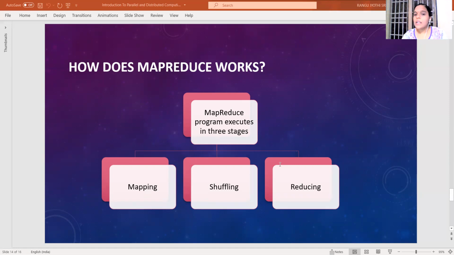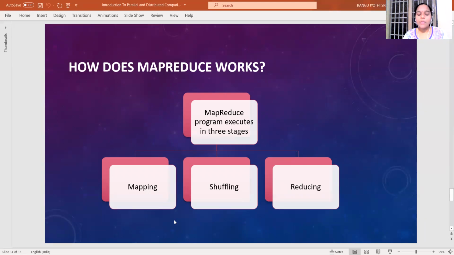After that, the mapper function processes the data and creates several small chunks of data. That means from the whole input, it will divide the input line by line, and then divide it into chunks. That means it will divide the data into small parts. That is the main function of the mapping phase.